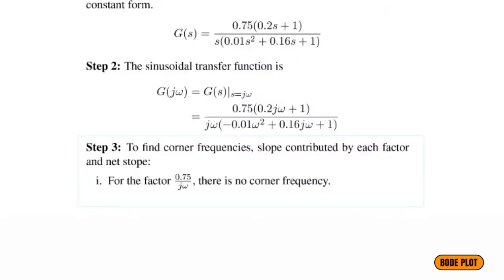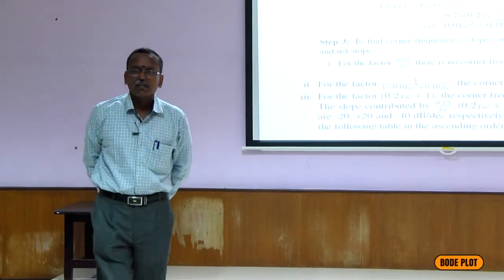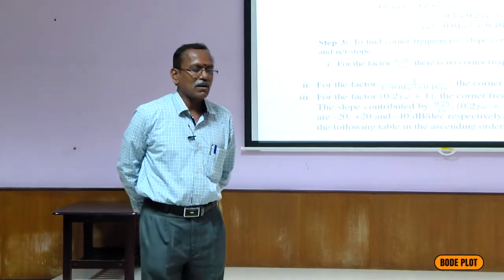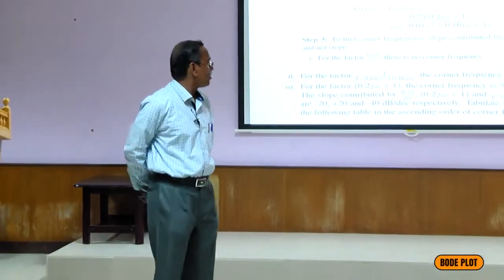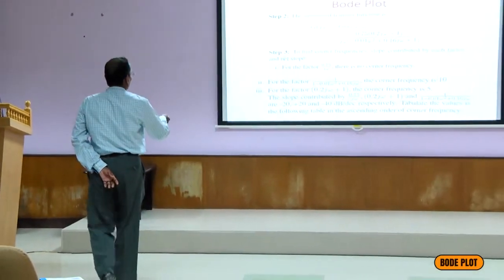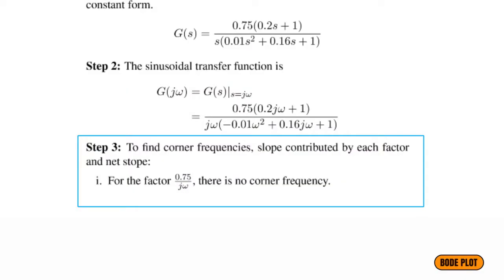The second factor has tau equal to 0.2. What is the corner frequency? Corner frequency equals 1 by tau, which is 1 by 0.2, equal to 5. So for this numerator factor, the corner frequency is 5.